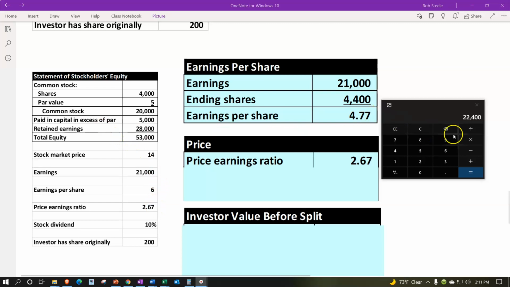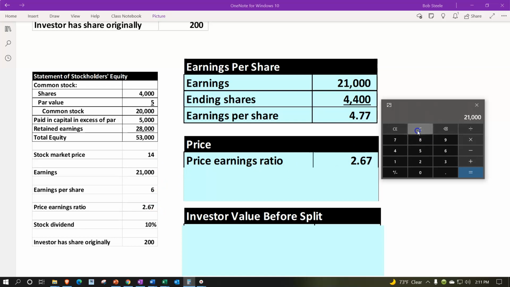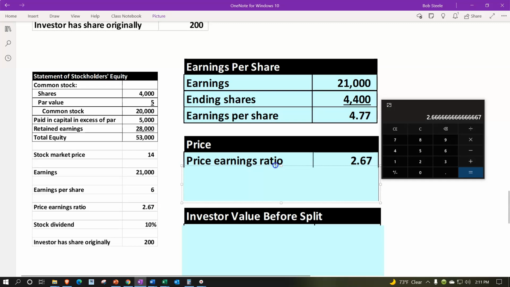So the earnings up top, we can see we're at in aggregate, you can see here was the earnings we had. What are we? 21,000. So 21,000 divided by the number of shares that we started with was 4,000. So we've got the 5.25. So we started off with 14 divided by 5.25, and that gives us about our 6.67.